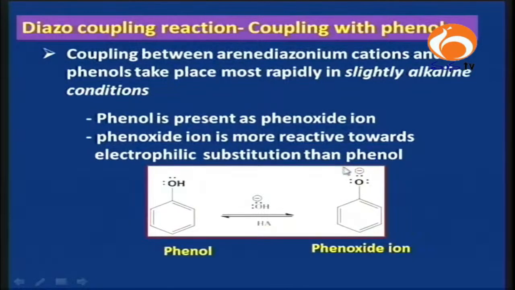Therefore, because of the strong resonance effect induced by this O minus, which is attached to the phenyl ring, this is a highly reactive aromatic system compared to phenol. Therefore, this will undergo the electrophilic aromatic substitution reaction with the diazonium ion, a weak electrophile, more readily when compared to phenol.